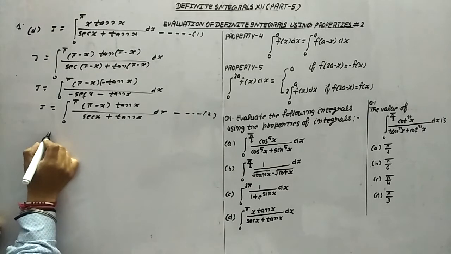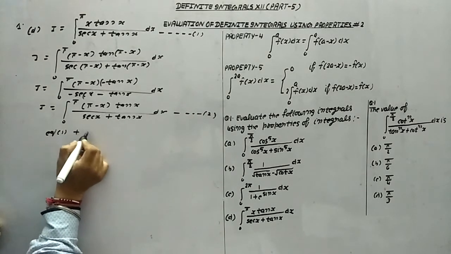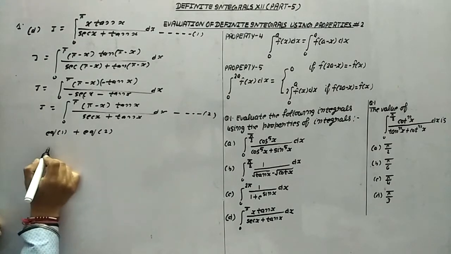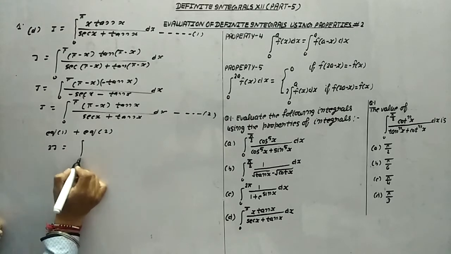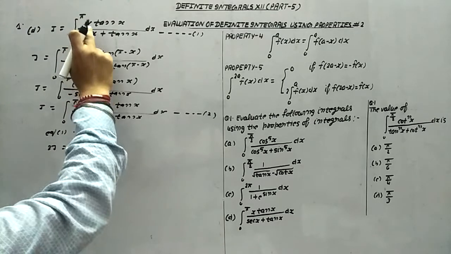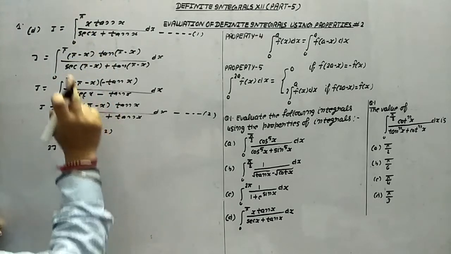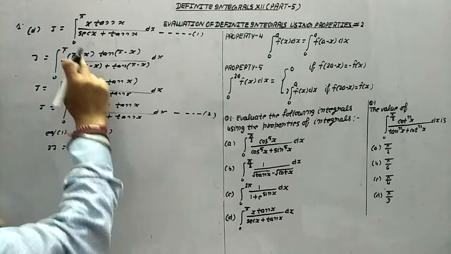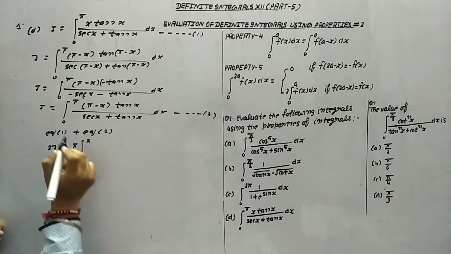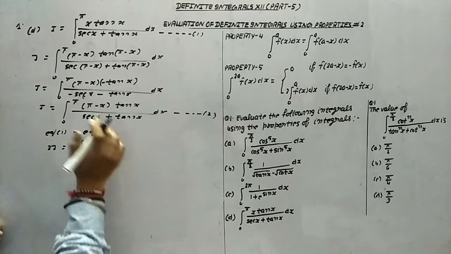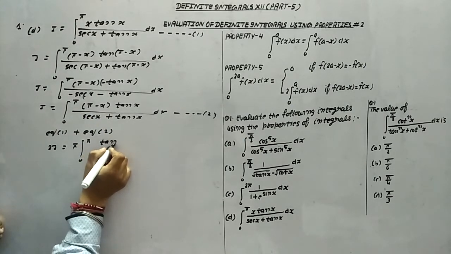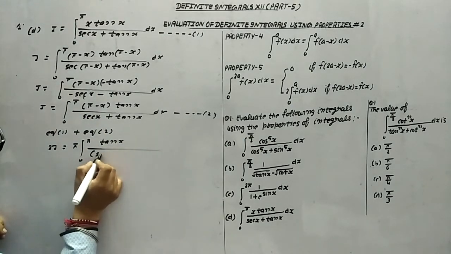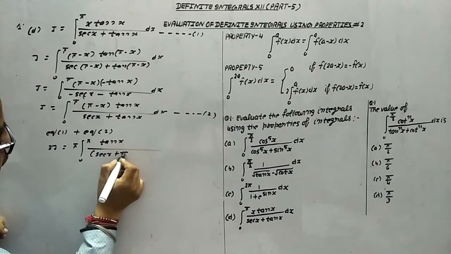Once we add, equation 1 plus equation 2, 2I is equal to the integration from 0 to π of x plus π minus x. It means x cancels out and π is here. It means this becomes tan x upon sec x plus tan x.